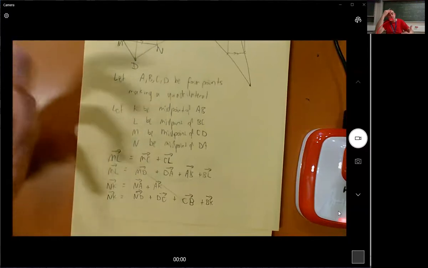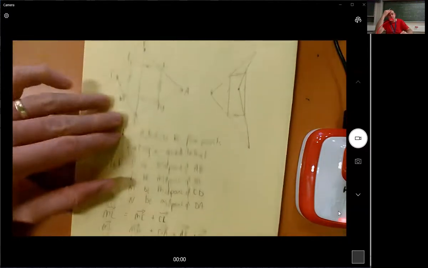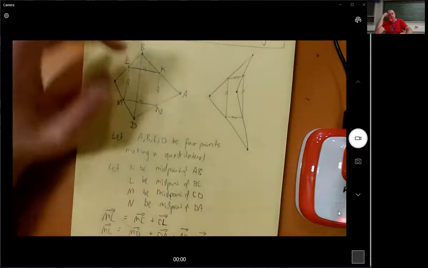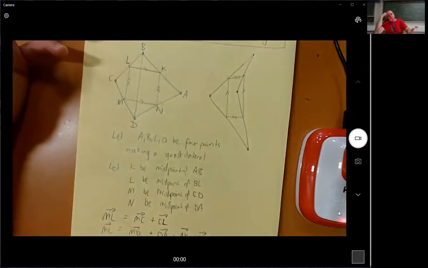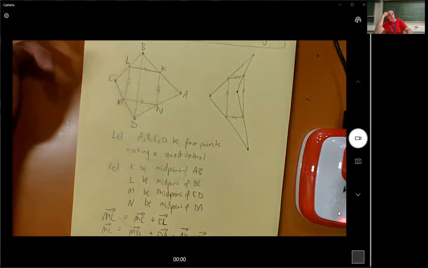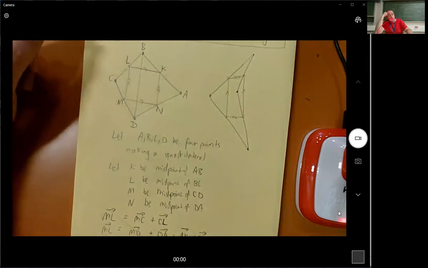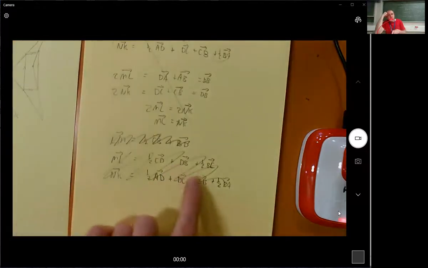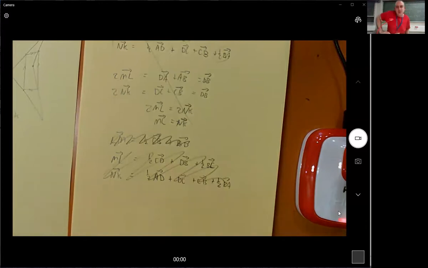And I really just wish there was an easier way that involved ML and NK in the one thing, because if they're equal, then it should be possible to do, if I did one forwards and one backwards, they would add up to 0, I guess. I was just hoping that I could make them equal to the same thing. Like this one looked promising, but it doesn't seem to get there. So I don't know, I just feel a bit unsatisfied. I guess I'll just leave it at that.